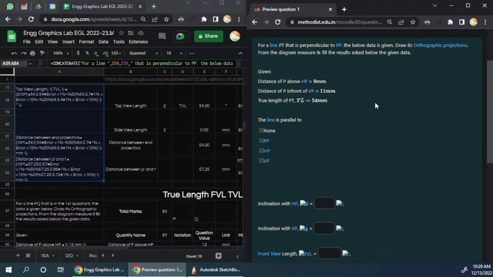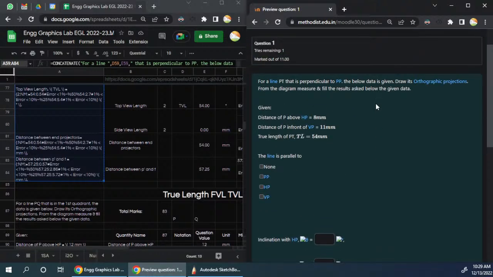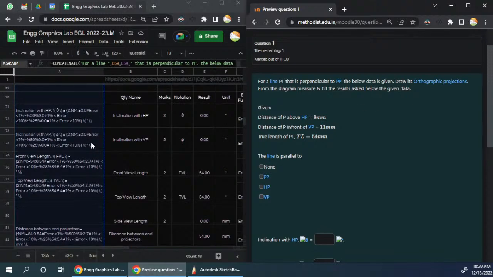We need to mention one more point over here, that the line is in the first quadrant. Above and in front automatically defines it as the first quadrant, so we need not mention it specifically, I guess.